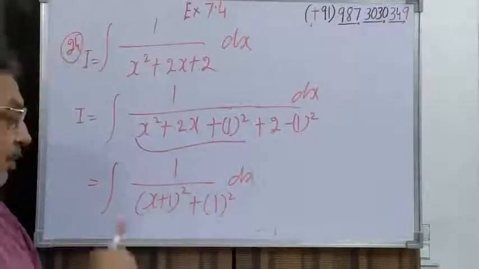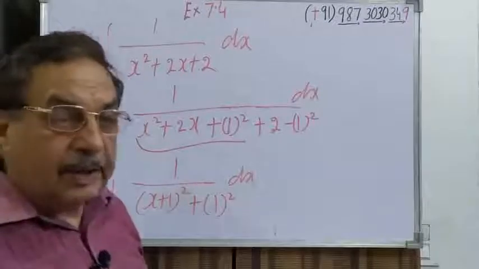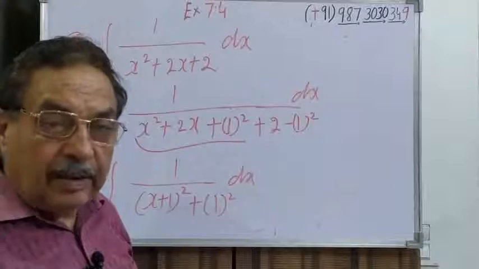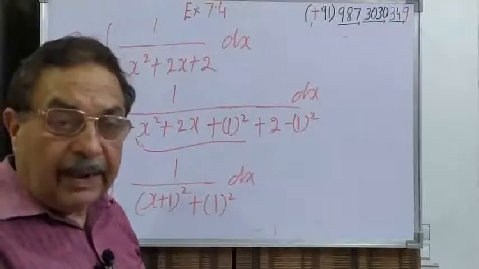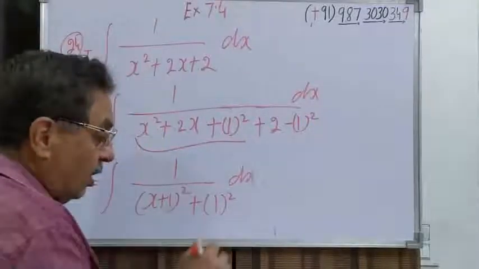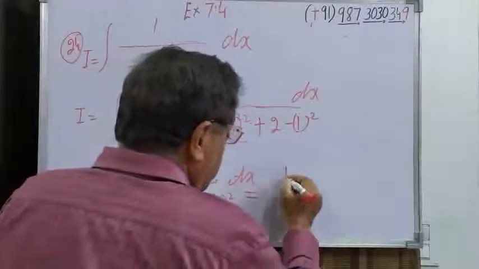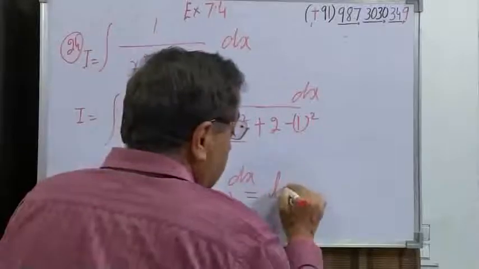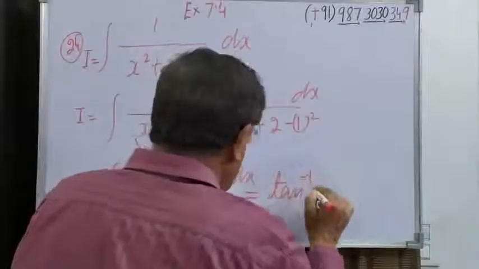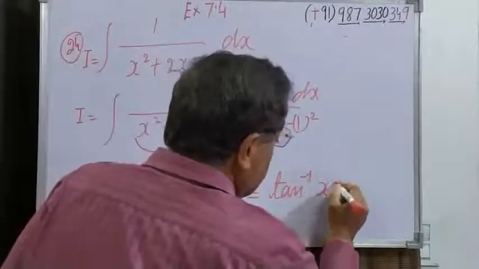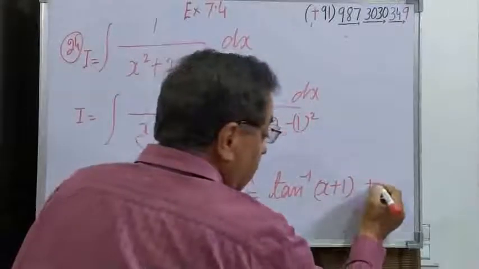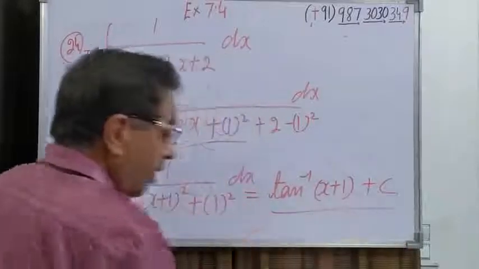So this coincides with our tangent inverse formula, formula third, which I told you earlier in the beginning of this exercise, and that is 1 by a tan inverse x by a. 1 by a is here 1, so tan inverse of x plus 1 upon 1, plus c. So this is the answer we are getting here.